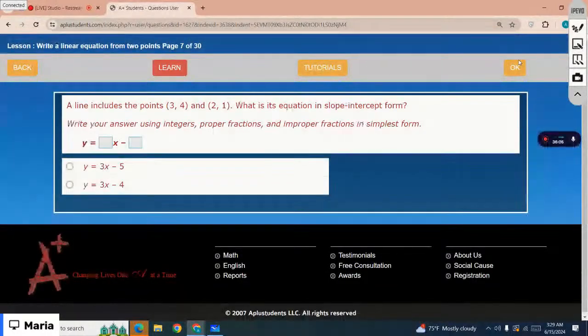A line that includes the points (3, 4) and (2, 1). What is its equation in slope intercept form? So which is the correct option?